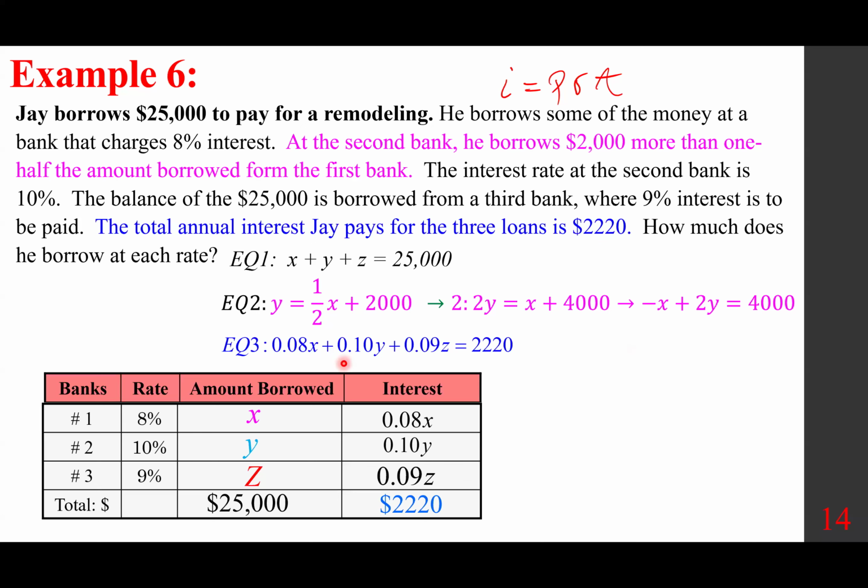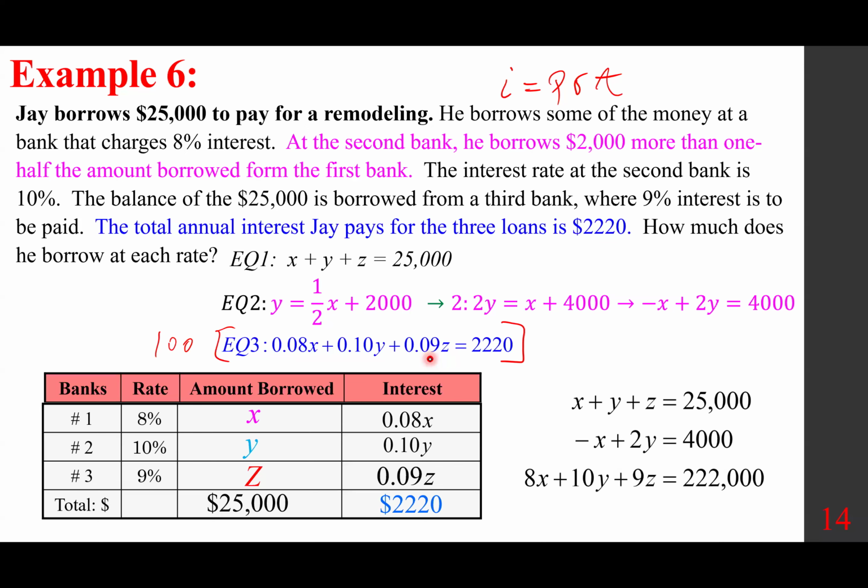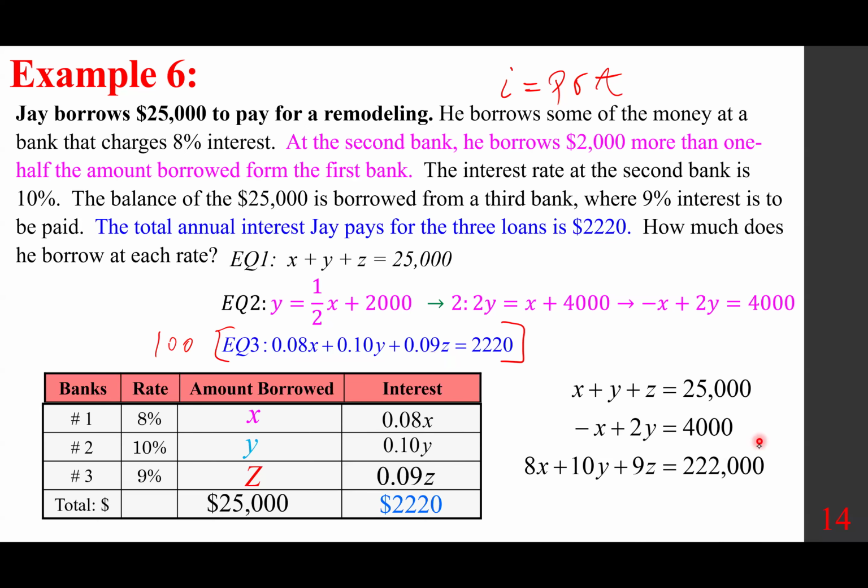You can get rid of the decimals also by multiplying by 100. You don't have to do that, but this becomes 8x, this becomes 10y, this becomes 9z. And now we have three equations to work with.